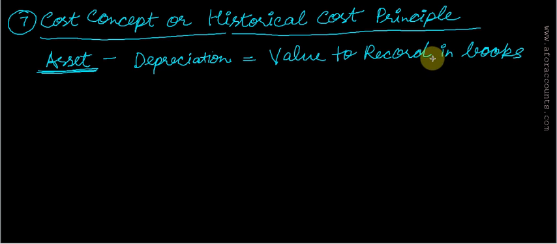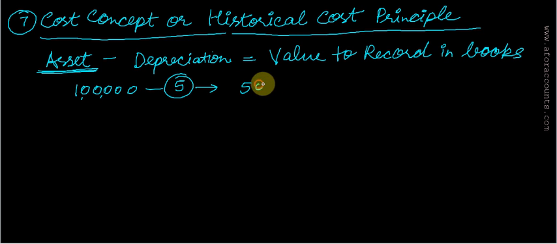Say for example, a building has to be recorded at cost less depreciation. It can happen that a business is running over 5 years and the cost less depreciation of the building is actually 1 lakh, but you all know that the property market has jumped so much. After 5 years, if I go to sell the building in the market, instead of 1 lakh I am getting 5 lakhs.